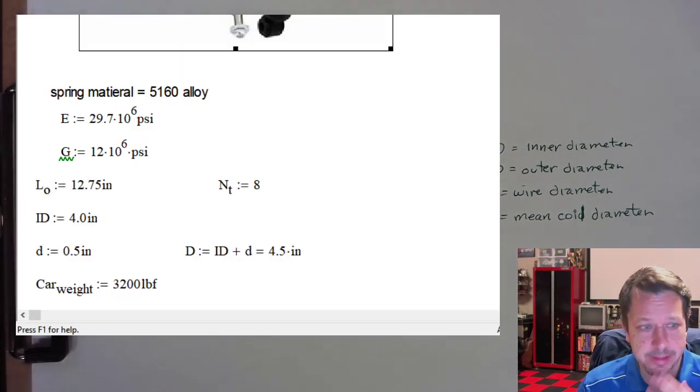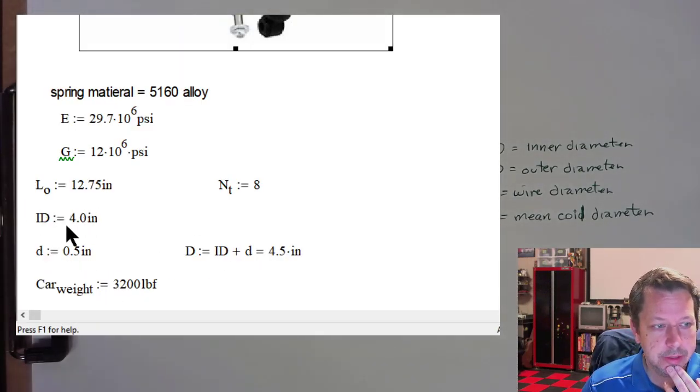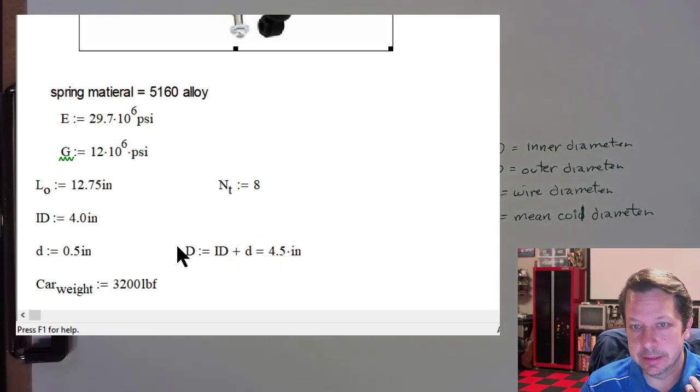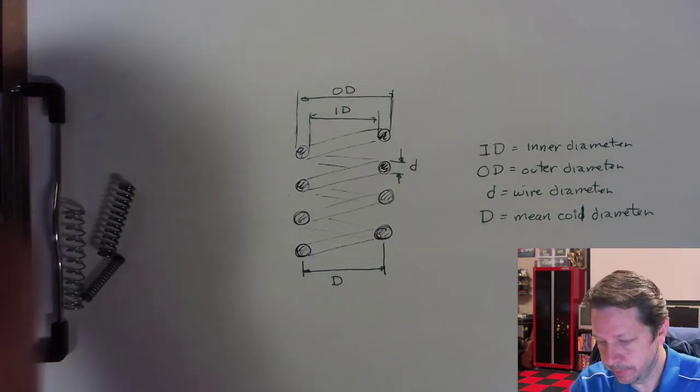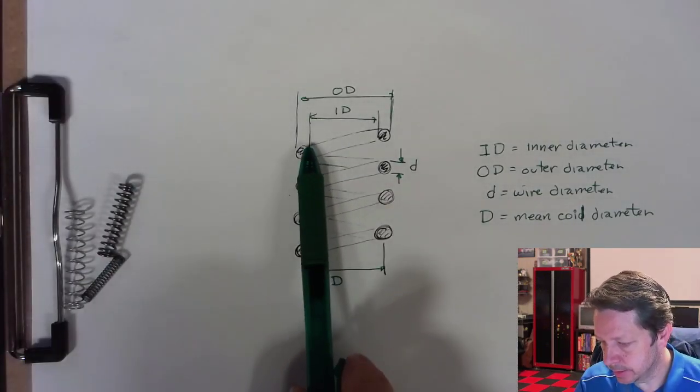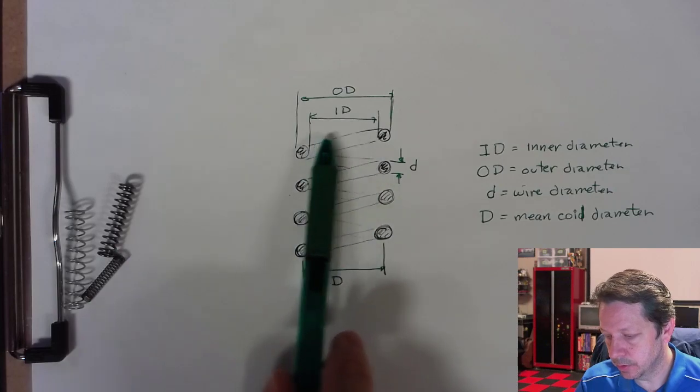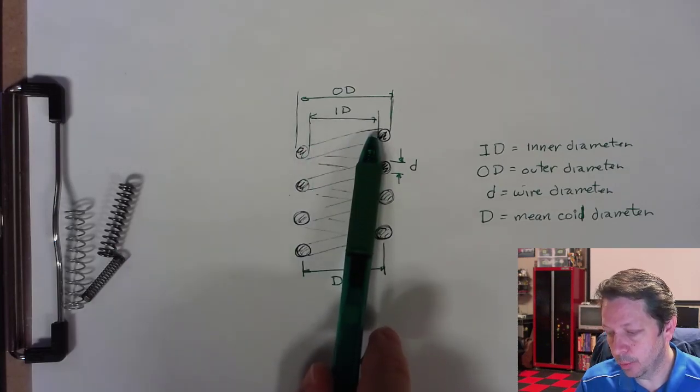Let's go back to MathCAD. So we put all those in. ID was 4 inches. Now here you can see I actually calculated the mean coil diameter. ID plus 1 wire diameter. So if you look at our picture, ID is to the inside of the coils, and I added 1 wire diameter.